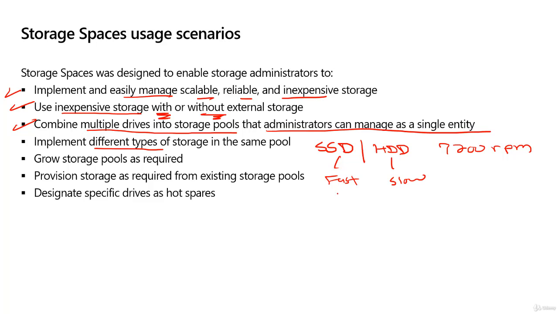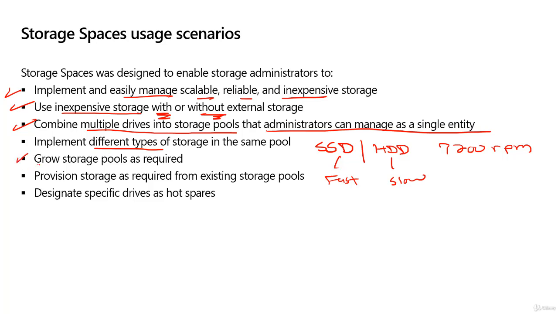Data you access less often will be saved to your hard disk drive. Now, I don't manage that. That is managed from the storage pool software itself. It optimizes that over time where the data actually resides within the storage pool, so you truly get the best of both worlds, and you don't have to actually spend money to buy all solid state drives to still have optimal performance. Pretty user friendly.